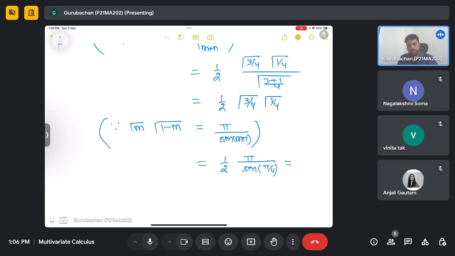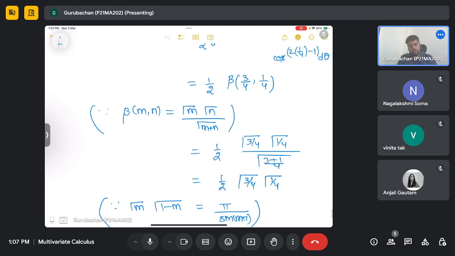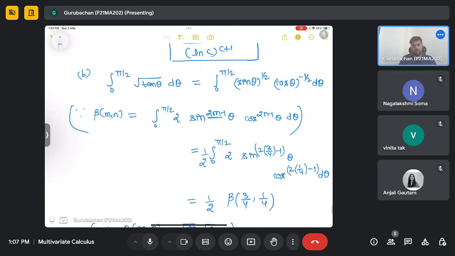So what will this give? Pi by under root 2. In fact, 2 under root. So I hope this is clear.